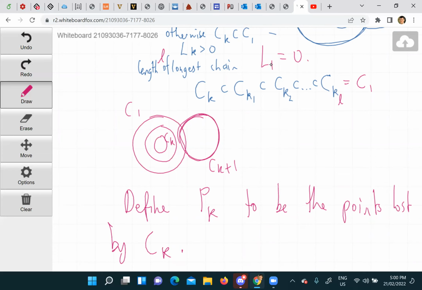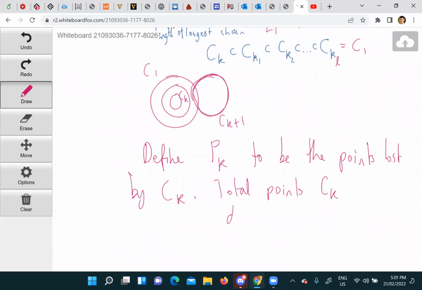So this kind of thing sounds very clear, but you might want to expand on it a little bit. It's not the points lost by the kth circle with all the circles. It's just the ones before that. So it's the total points CK doesn't score with C1 all the way up to CK minus 1.